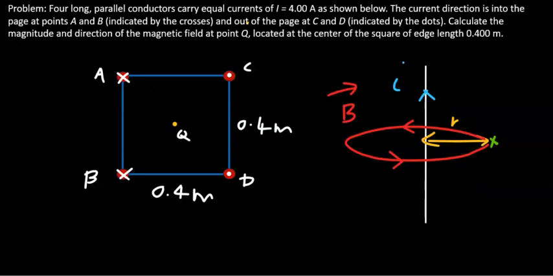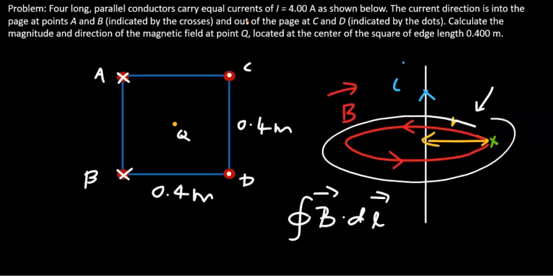Now let's see how to calculate the magnitude of that magnetic field. That's where Ampere's theorem or law comes in. It says the line integral of the magnetic field about that path equals mu naught, which is the magnetic permeability, times the current enclosed by that path.